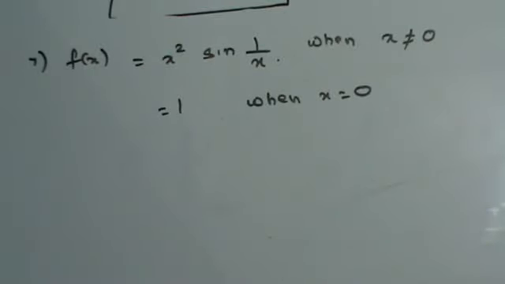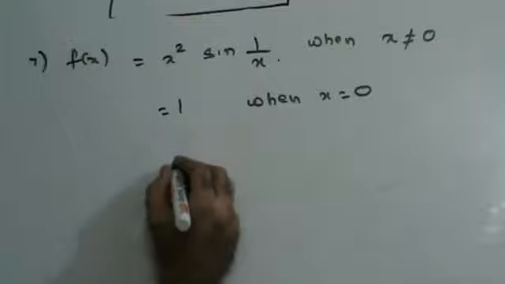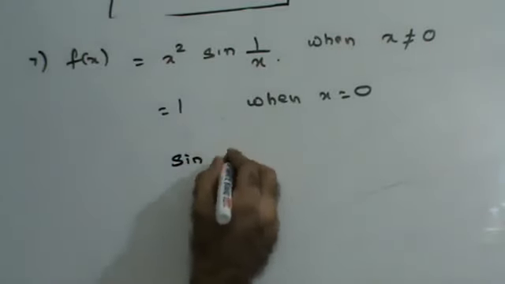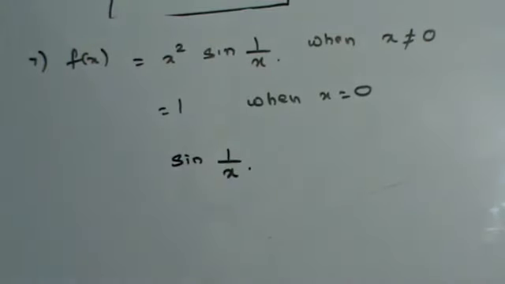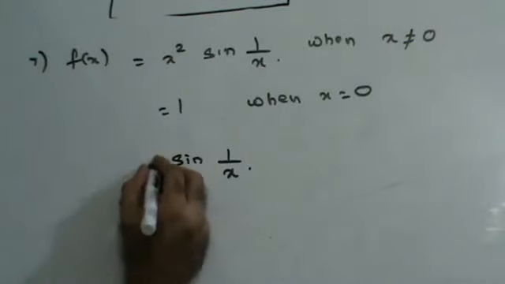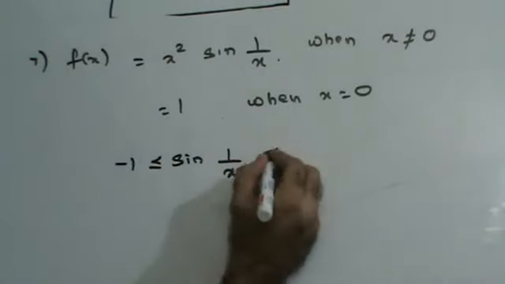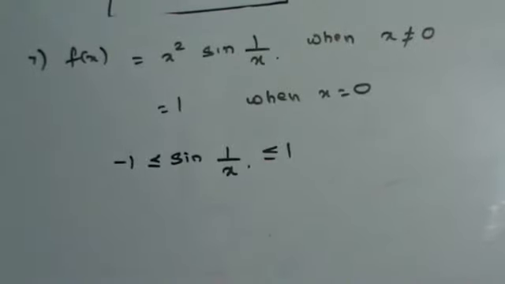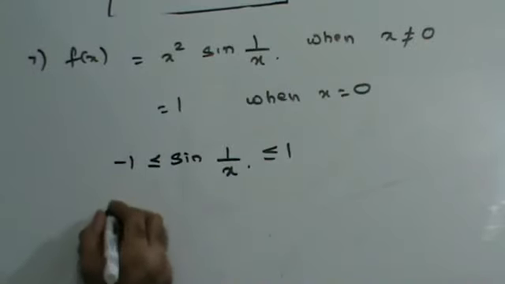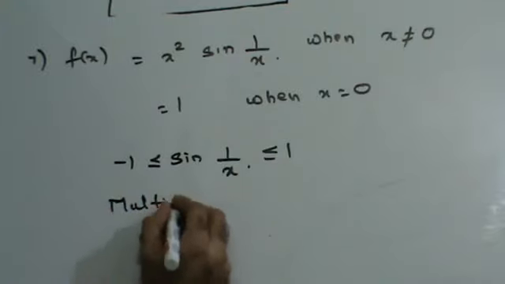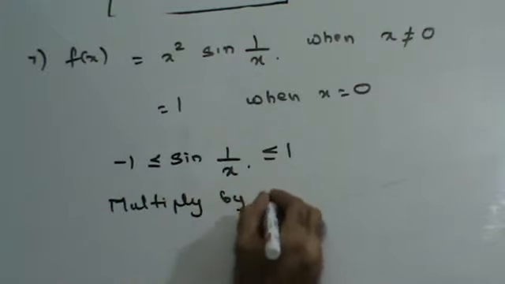Now we know that sine of a function is always between -1 and +1. Sine of any function is always greater than or equal to -1 and less than or equal to 1. Multiply throughout by x square.